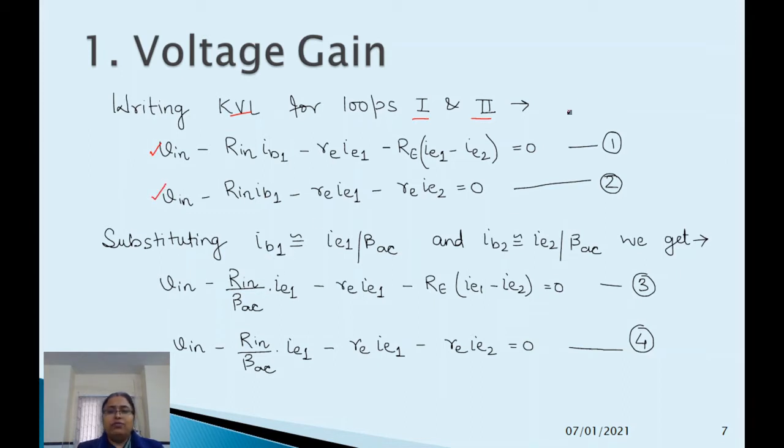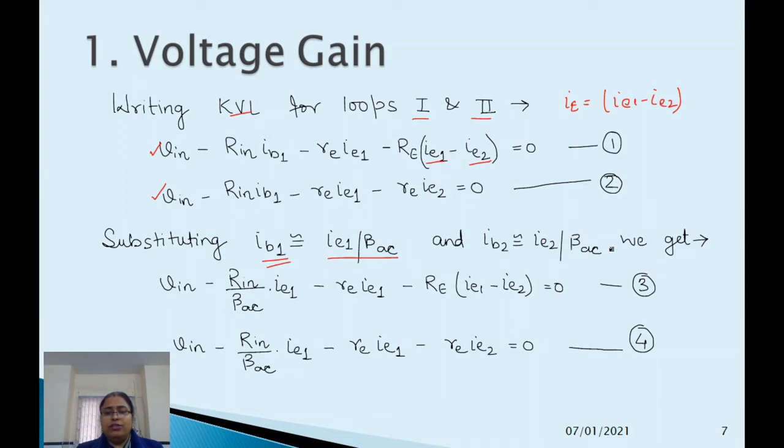Now, as you have seen in the diagram, I is equal to IE1 minus IE2. And IB1 is approximately equal to IE1 upon beta AC, and IB2 is equal to I upon beta AC.